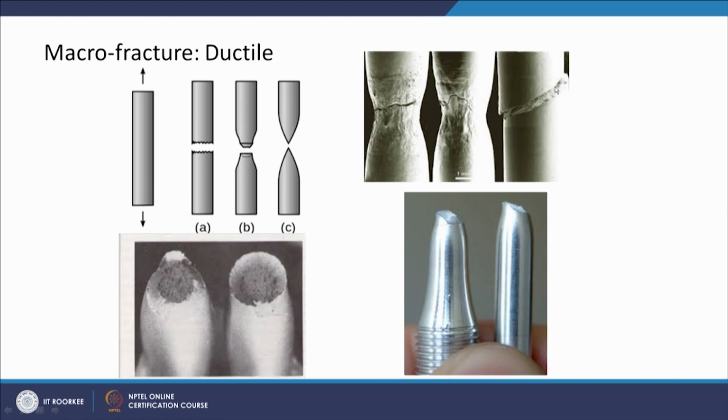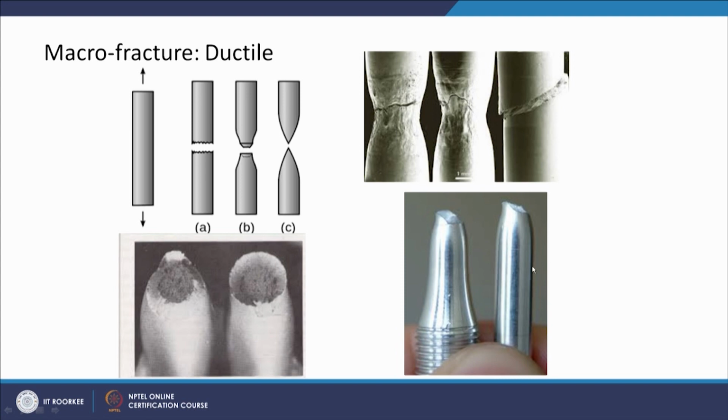This is the case of the slant fracture, and in this case there is no necking, while in these two cases there has been some necking, and their fracture surface will indicate if there has been the mixed mode or just the slant fracture surface.